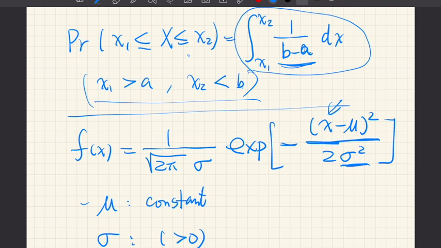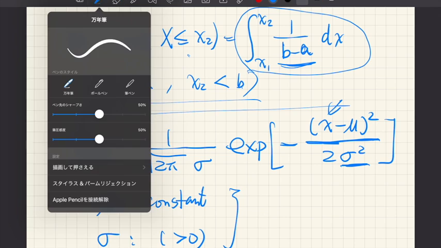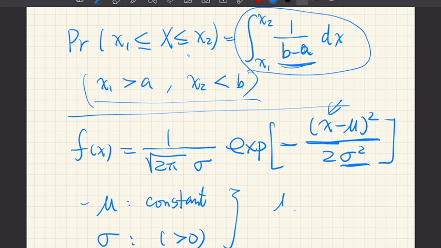And sigma, of course, represents the standard deviation, which is just the square root of the variance. In particular, when mu is 0 and sigma is 1, then this is called the standard normal distribution.